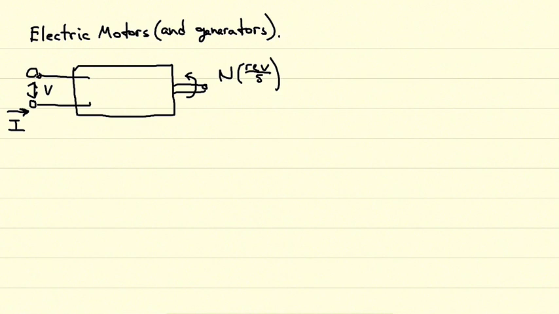And it's also producing some torque, which has units of Newton meters if we're in the metric system, or foot-pounds if we are in the British system. So this is kind of a schematic of what a motor looks like.